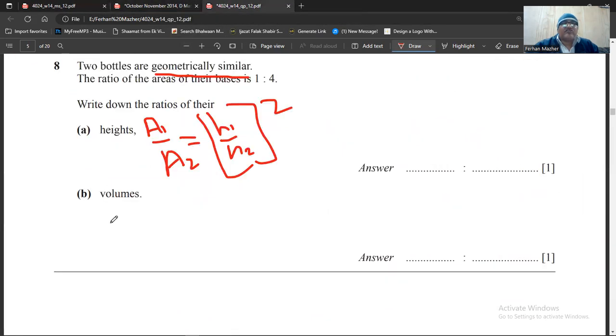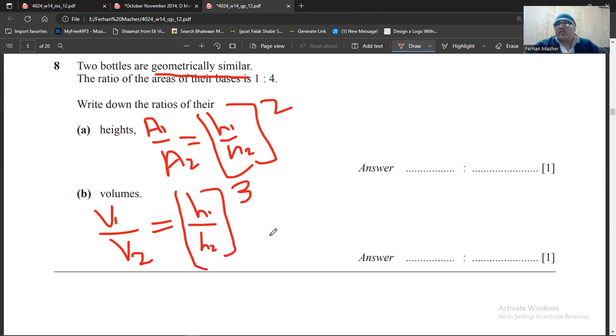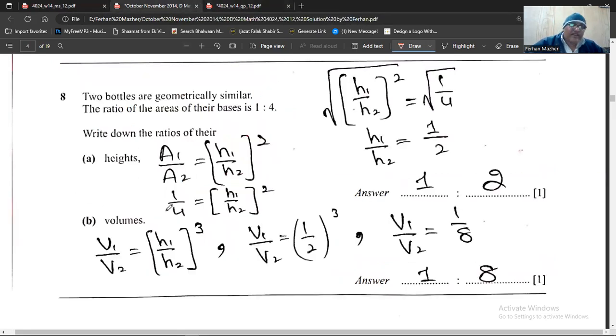Then the question asks for the ratio of their volumes. You know, volume 1 by volume 2 will be equal to height 1 by height 2, cubed. That is the famous formula for similar solids: the ratio of the volumes is equal to the cube of the ratio of their heights or sides.